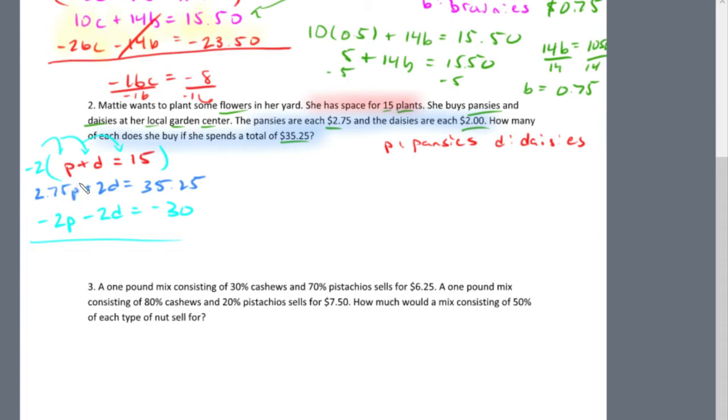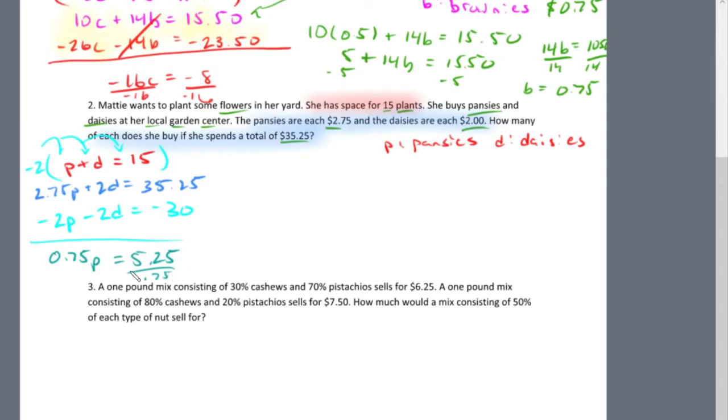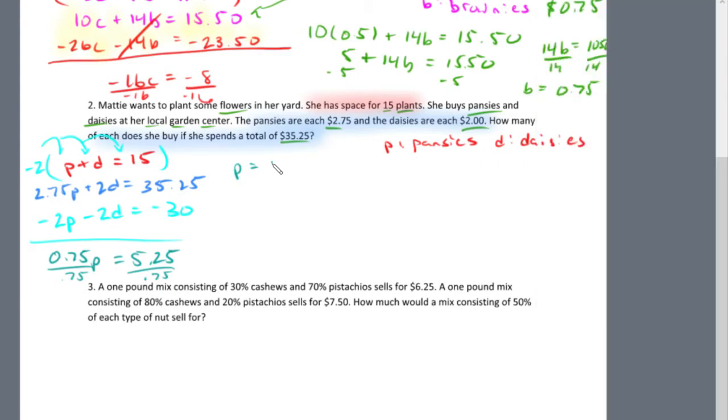So, canceling your daisy variable, you get 0.75p equals 5.25. I'll pull out a calculator for this one. When you divide by 0.75, you get P equals 7.